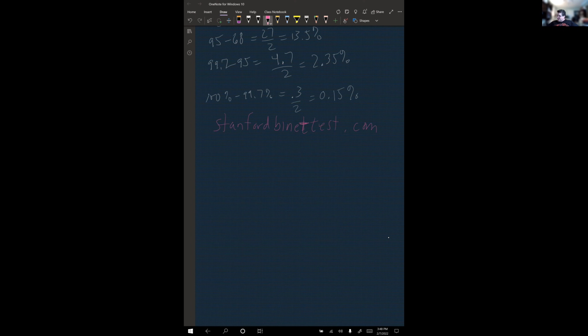This is your standard IQ test. It's more of a measure of how good you are with math and words, memory and reasoning. For the population, the average intelligence is 100, and the standard deviation is 15. That's for the population.